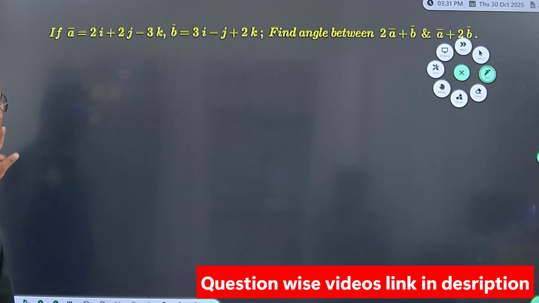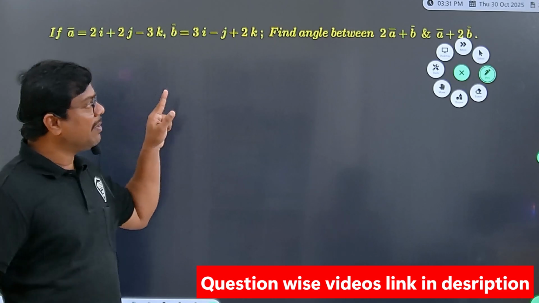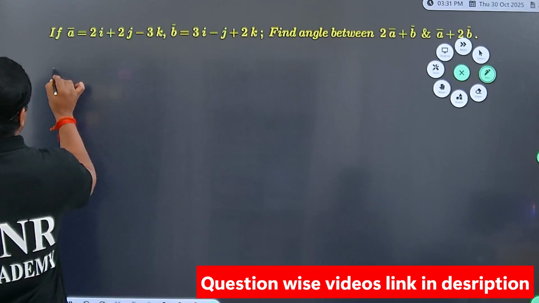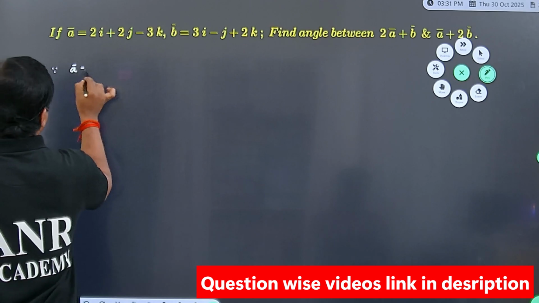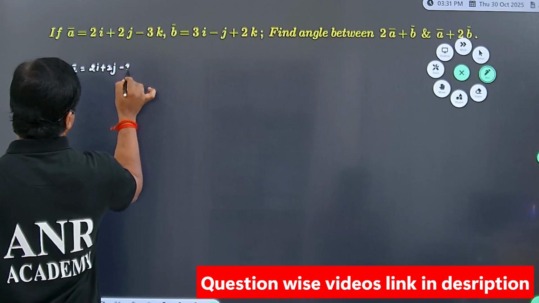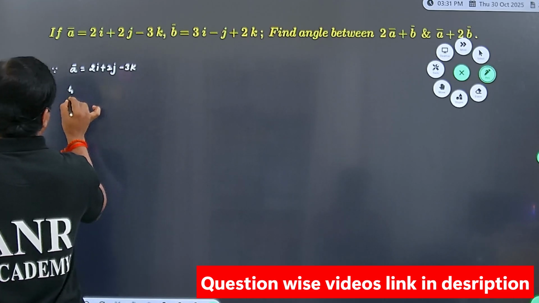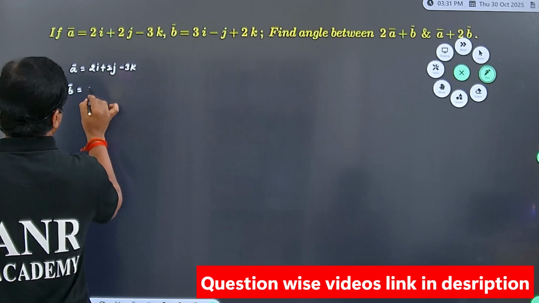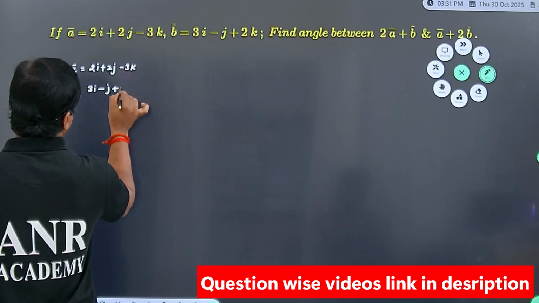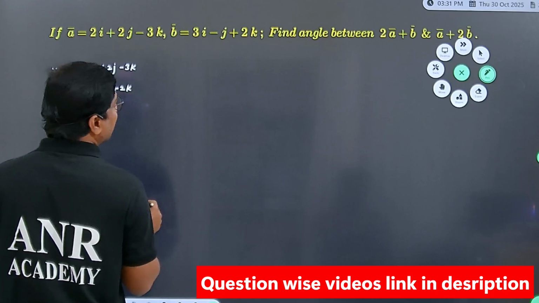There are two vectors a bar, b bar. Find the angle between 2a plus b and a plus 2b. Yes, since a bar is 2i plus 2j minus 3k and b vector equal to 3 times of i minus j plus 2 times of k.